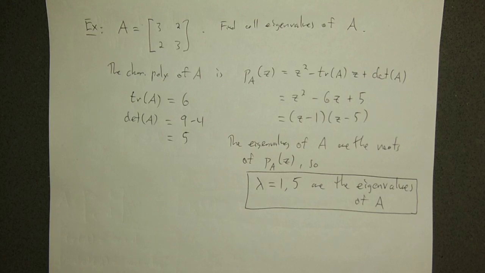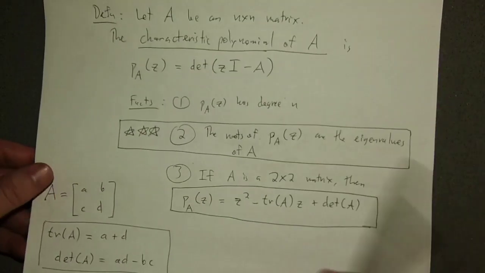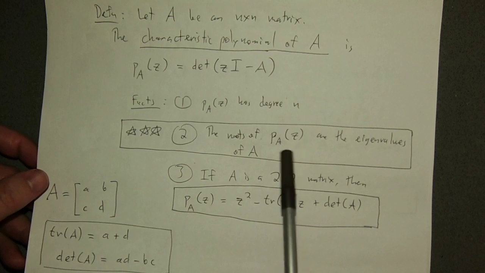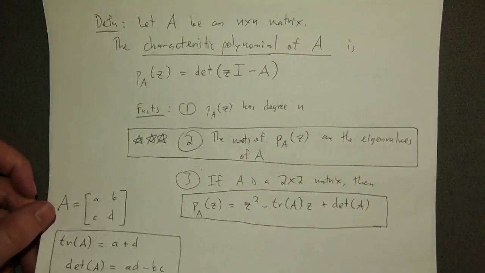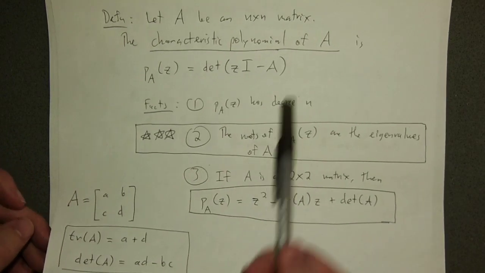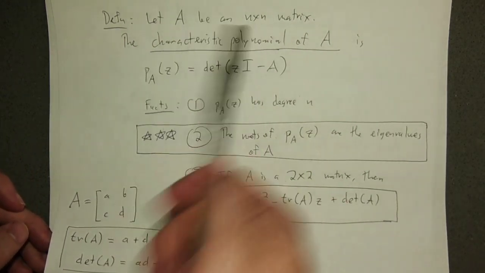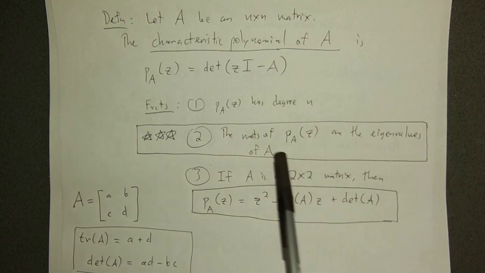Now, this raises a couple of questions. One, how many eigenvalues can a matrix have? Before I can answer that, let's talk about what the eigenvalues are. We've already seen that the roots of the characteristic polynomial for a matrix are the eigenvalues of A. Let's use some algebra knowledge here. If the characteristic polynomial of A has degree n, where n is the size of A, what is the maximum possible number of roots I can have here?